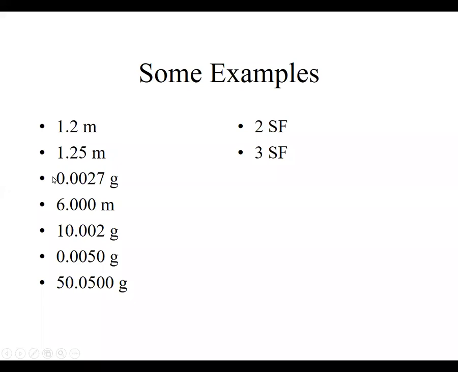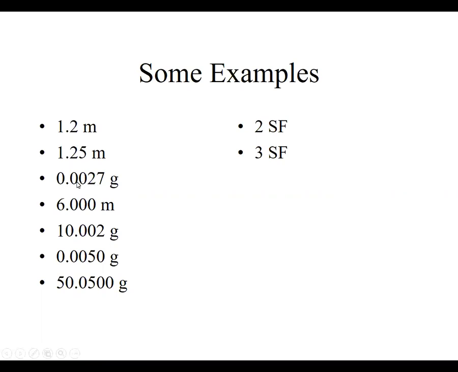Okay, now we get down to the measurements that have zeros in them. So how about 0.0027 grams? Well, remember, we have a rule that says zeros at the beginning of a number are not significant. This can be a single zero or a chain of consecutive zeros. So here I've got 3 consecutive zeros before I get to my first non-zero digit.